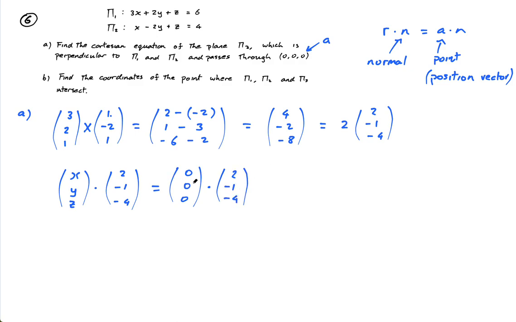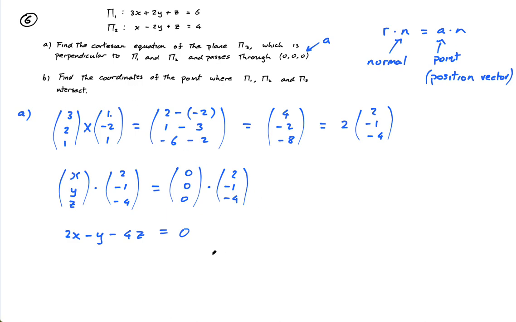Either way, this side is just going to be 0. And now I get 2x minus y minus 4z equals 0. And that's the equation of the plane. If I used the other normal, I would have got 4x minus 2y minus 8z equals 0, which is fine. That's the exact same plane. You could have then divided by 2. All the same thing anyway.